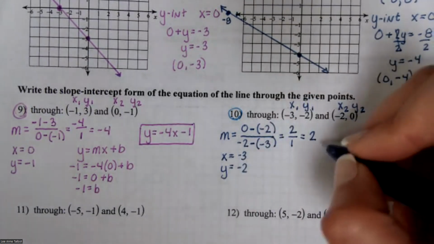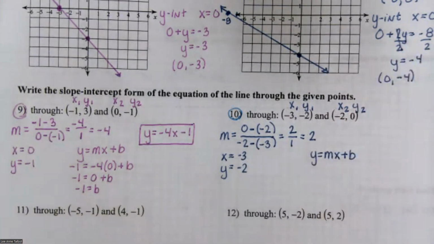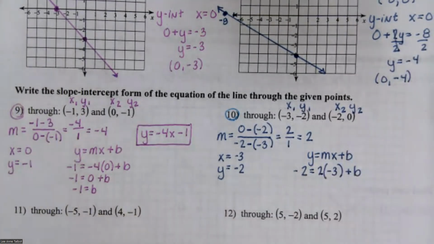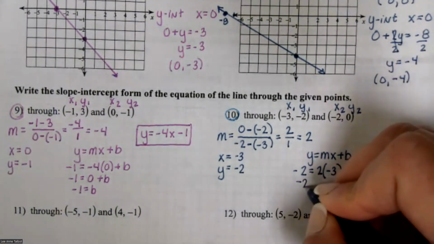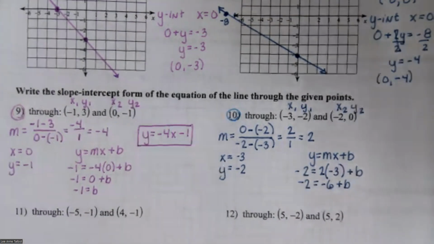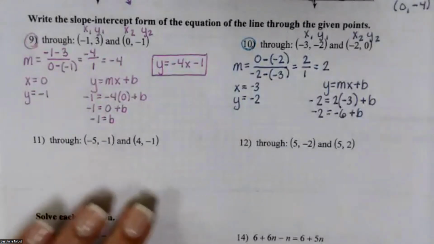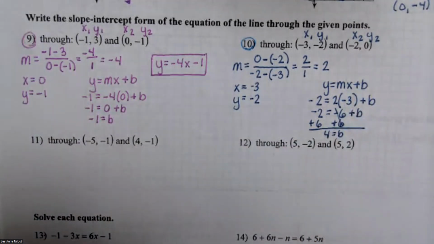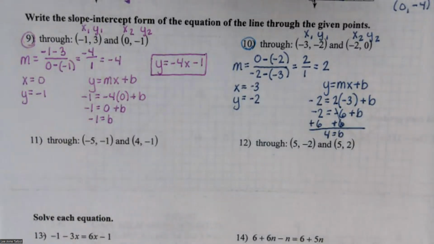Doesn't matter. -2 equals 2 times -3 plus B. -2 equals -6 plus B. Add 6, 4 equals B. Okay.